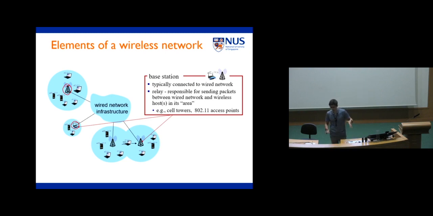So they have these very high data rate cables coming to them, and they relay every incoming and outgoing packet to and from the wireless hosts. So they perform what we call the relay function. And examples of that is, again, cell towers, and Wi-Fi access points. So your Wi-Fi router at home would be called a base station.